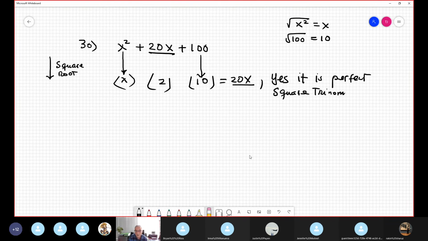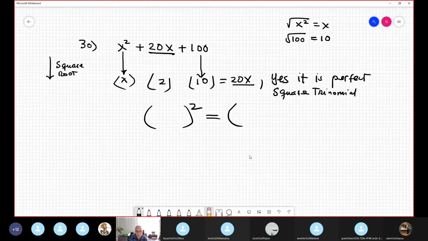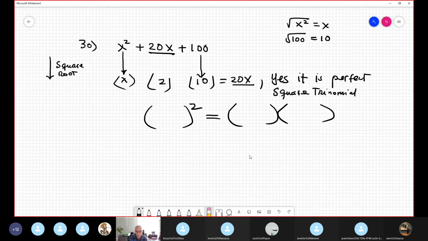And the factorization, wow, it's super easy, because I know that when it's a perfect square trinomial, the factors are twin brothers. Okay, and twin brothers you can represent separately if you want, but not necessary. And you copy here x, which is this x. You copy 10 here, which is this 10, and always plus here, which is this sign. Because in the perfect square trinomial, this sign is always positive.